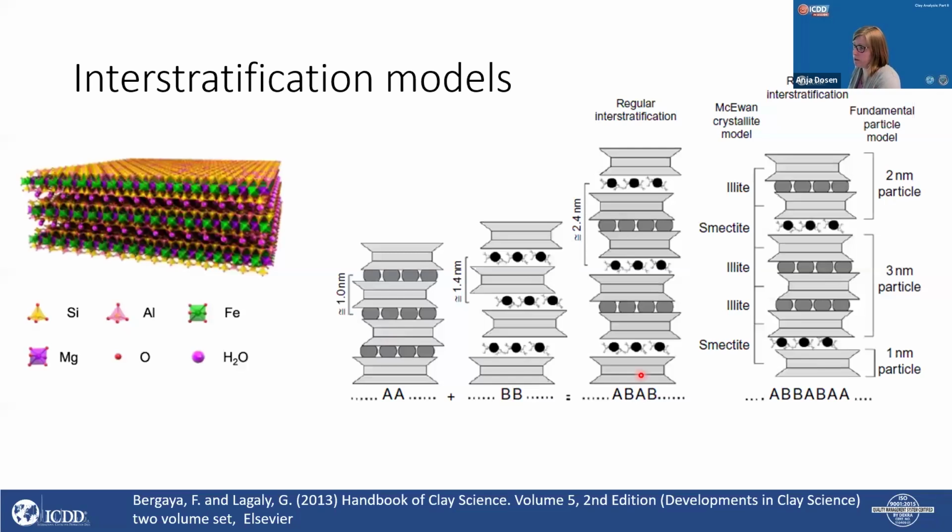In this case, it would be A, B, A, B, A, B. Or they can be stacked in a completely random way, and that is called random interstratification. We can't find any kind of order in this type of stacking.